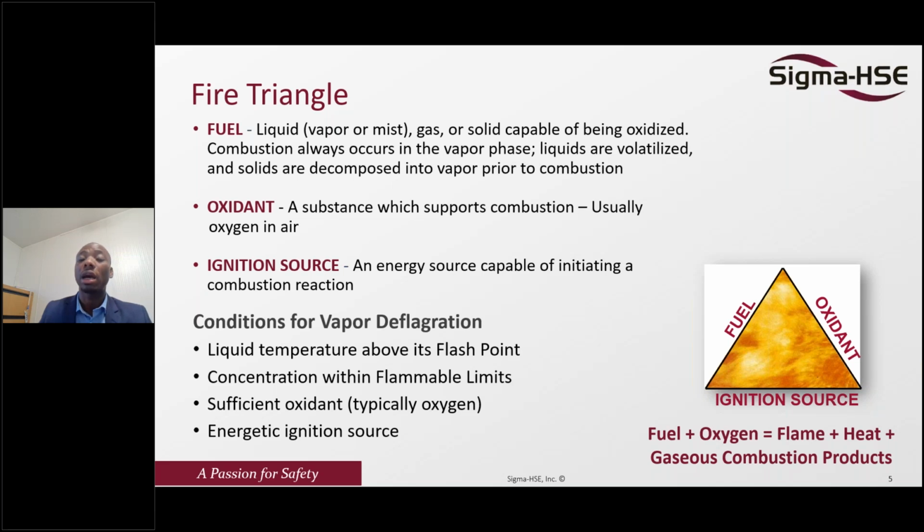So I need to know whether I have oxygen to support this flame propagation. Then after having the oxygen, I also need an ignition source, something which is supposed to initiate the combustion operation. The ignition source could be electrostatic discharge. That is the topic for today. We could also consider hot surfaces, arcs from electrical equipment, or overheating of bearings. These are the various types of ignition sources that need to be considered.